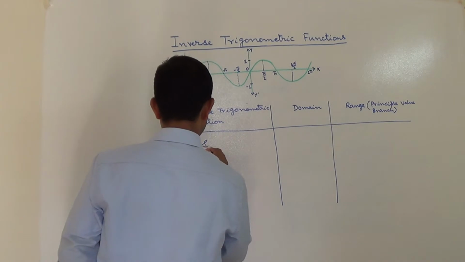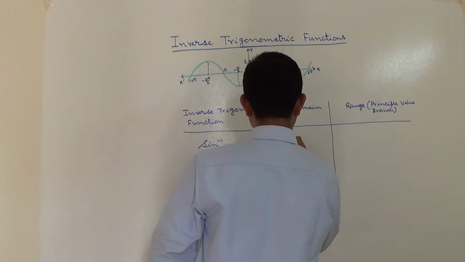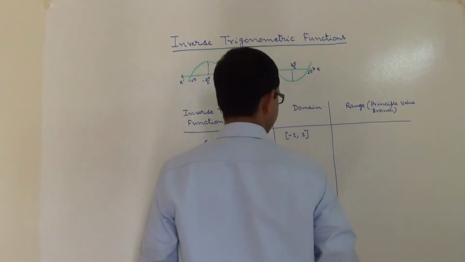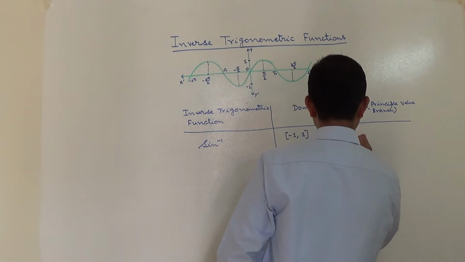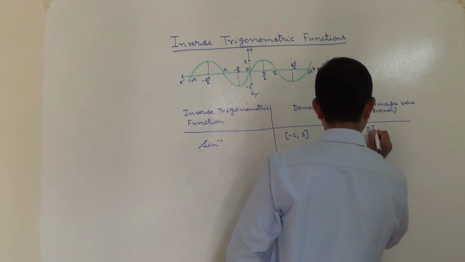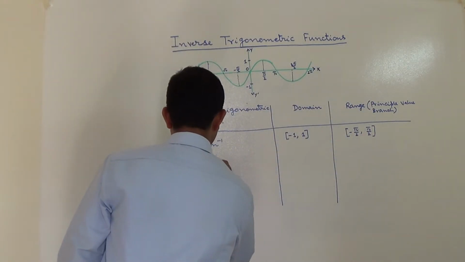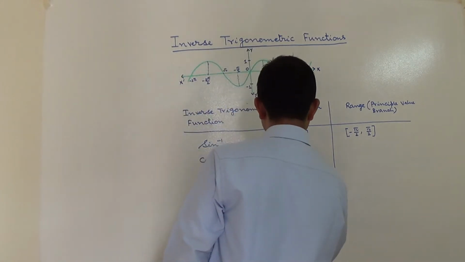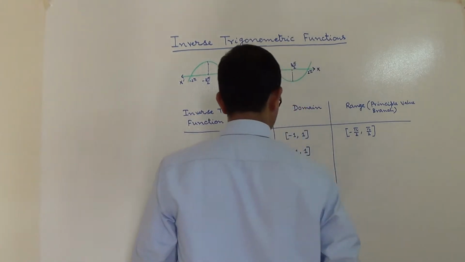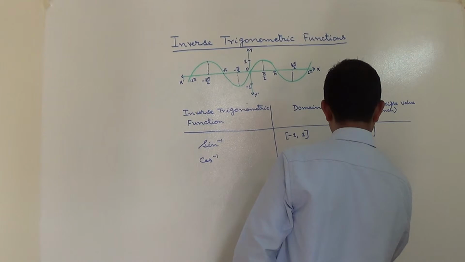Let us consider the function sine inverse. What is the domain of sine inverse? It is the closed interval -1 to 1, and the range is the closed interval -π/2 to π/2. The function cos inverse, its domain is just like sine inverse, the closed interval -1 to +1, and the range is the closed interval 0 to pi.